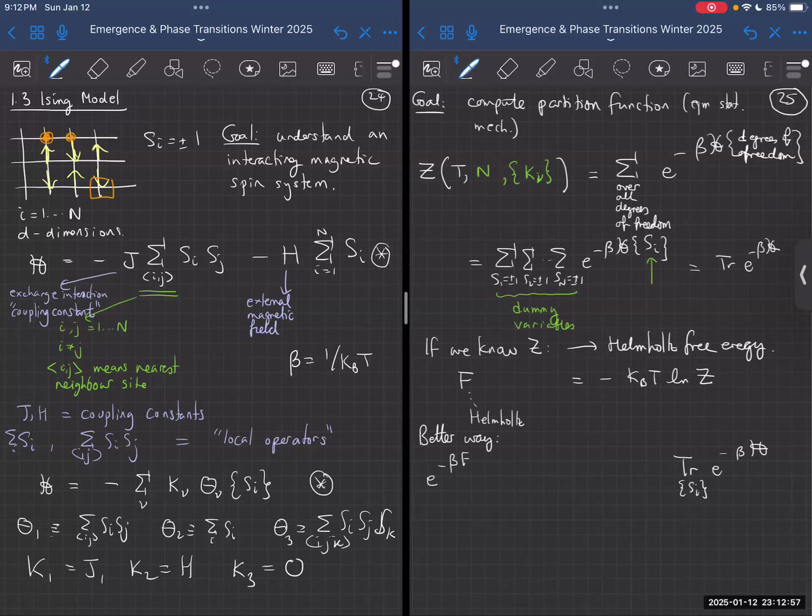So this statement is equivalent to F equals minus kT log Z. These two things are the same, but this is a nicer way to write it. And I'll tell you why.